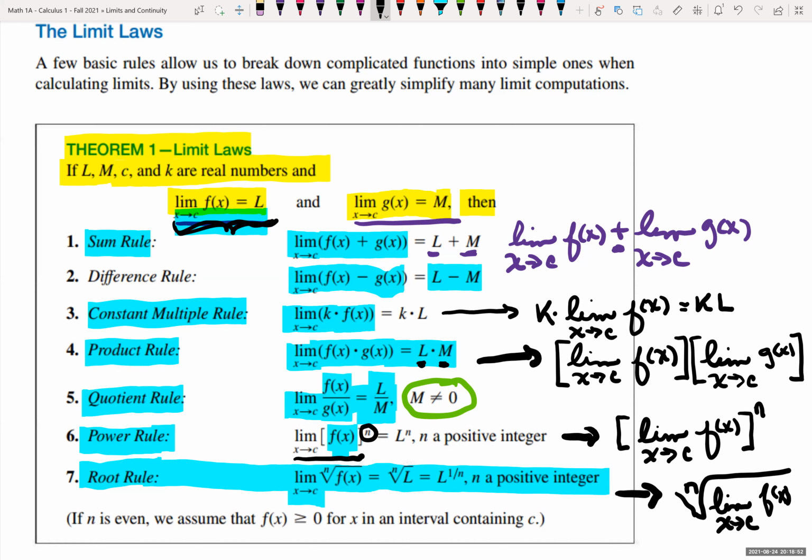You got to be a little bit careful because if we're talking about real numbers, if n is even, so if we're taking a square root or a fourth root or a sixth root, in order for our value to be a real number, we have to have what's underneath that radical be positive. So that's why it says if n is even, we assume that f of x is greater than or equal to 0 for x in the interval containing c. Because if not, then we would have had an imaginary number.